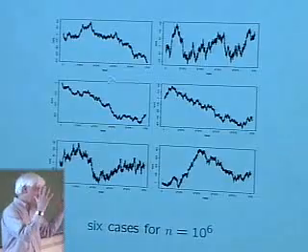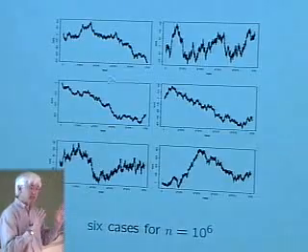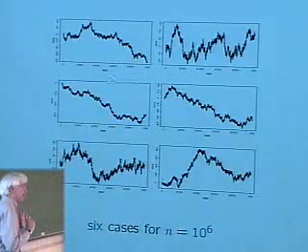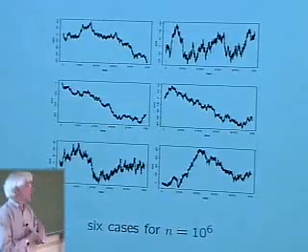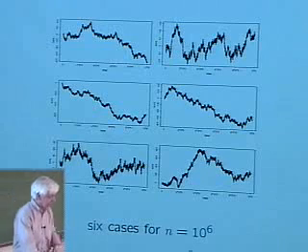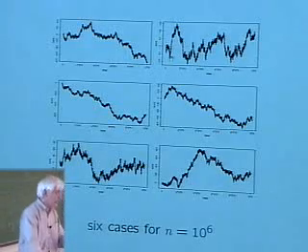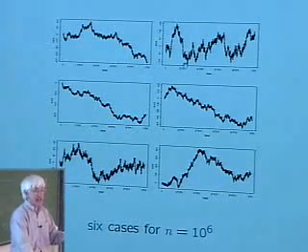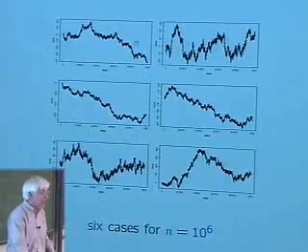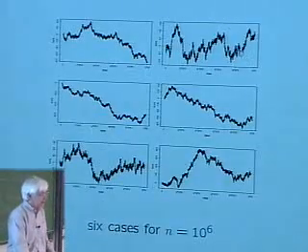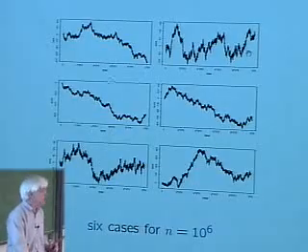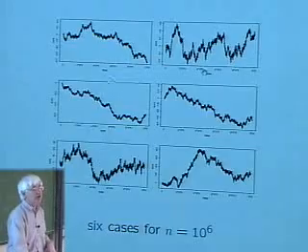There's a lot of weirdness in this process. If you start to study it, it's really bizarre. Of course, these are actual plots of finite things, but the theoretical limit has the property that these paths, as you see, are continuous. But as you might guess from looking at these pictures, the paths are nowhere differentiable.